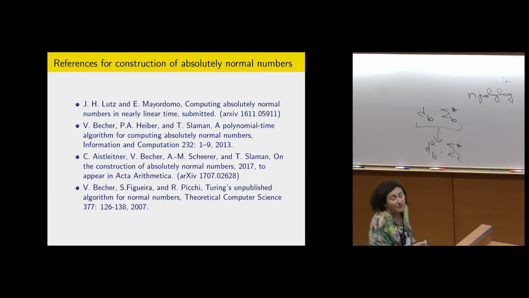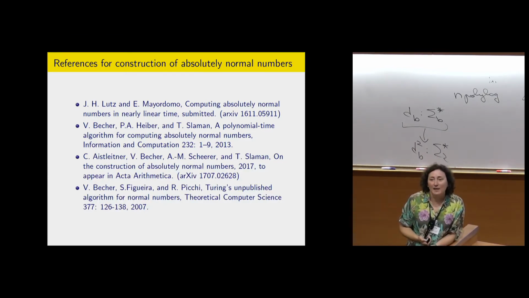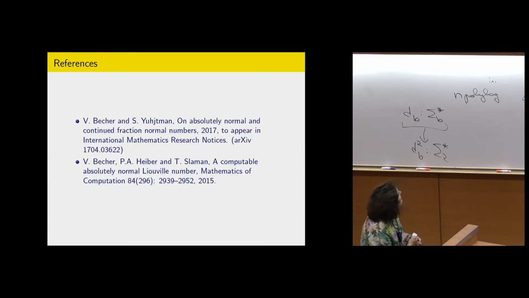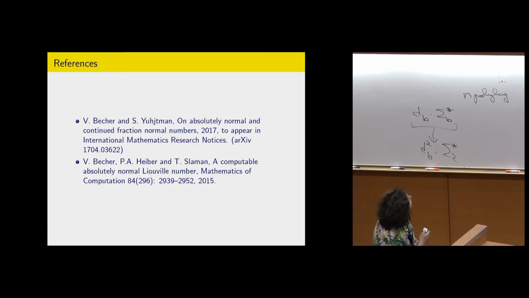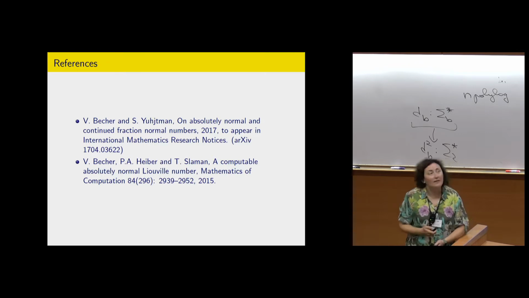And why are we now so interested in normality? People in number theory have been looking at this concept for a while. Do they care about effective constructions? For instance, I want to show you a couple of papers in which Becher and Juchman in one, and Becher, Heiber, and Sleiman in the other, have proven number theory properties using this kind of construction. What have they proven?